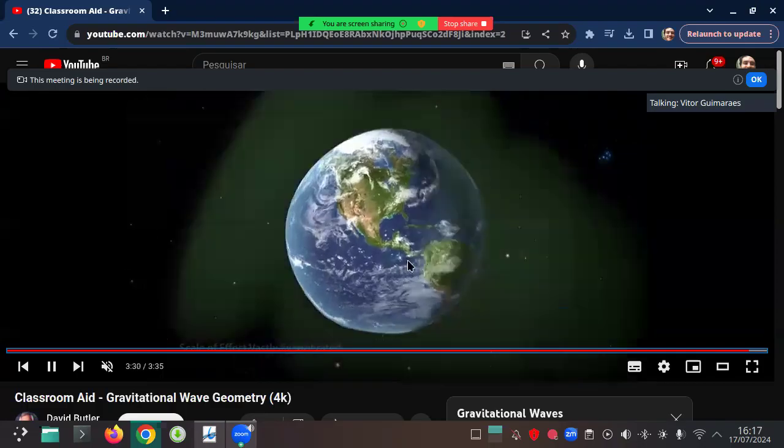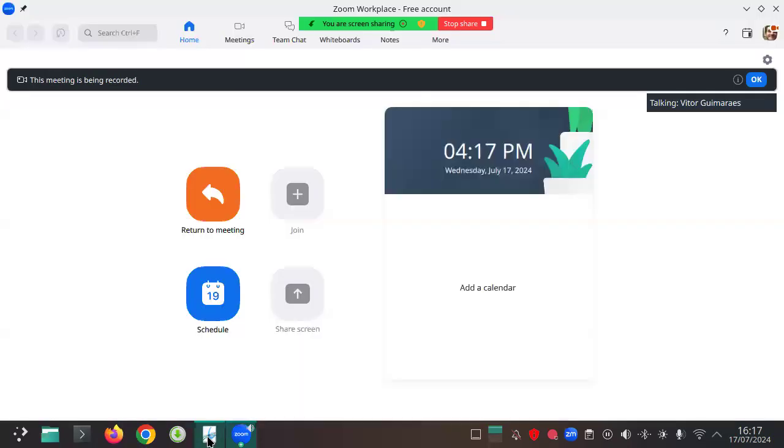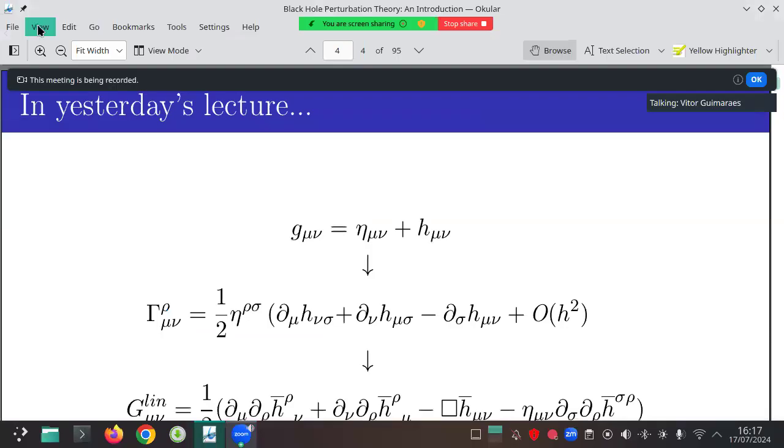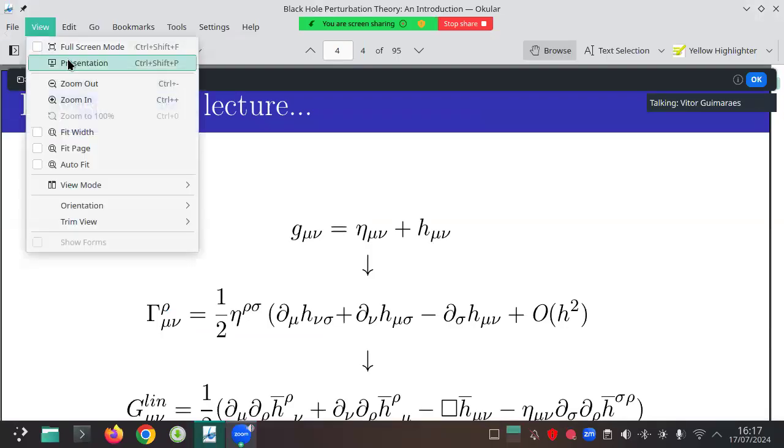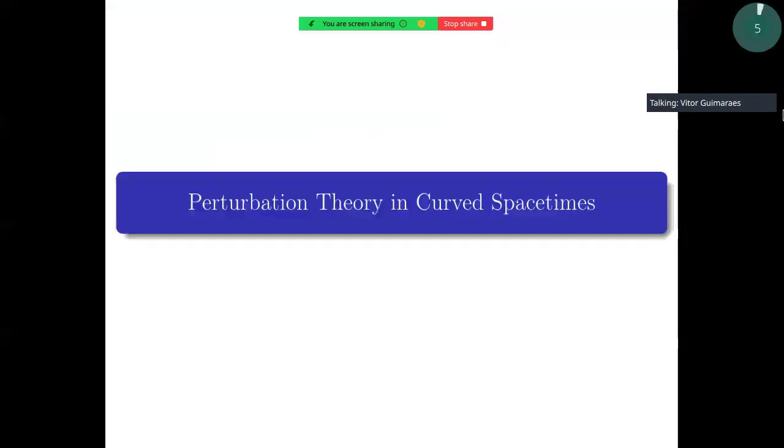But yes, the gravitational waves do scatter from potentials, and that is the basis of the quasi-normal mode study and so on and so forth. So now that we have gained a little bit of perspective, let's do perturbation theory in curved spacetimes.